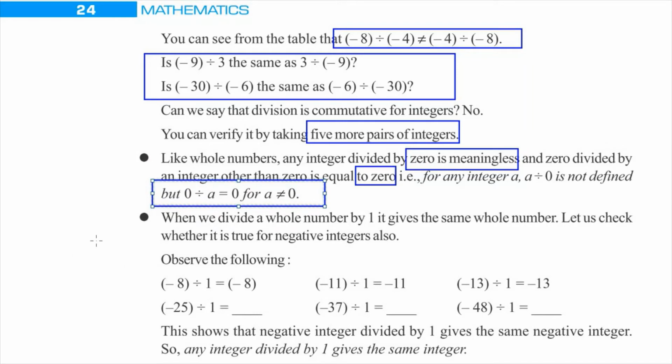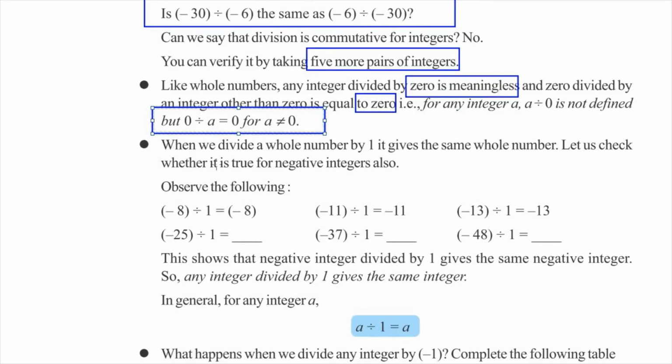Next, when we divide a whole number by 1, it gives the same whole number. We have learned in the previous classes about whole numbers that whenever there is a division by 1, it gives us the same number. For you to get an intuition about it, just think of it this way.